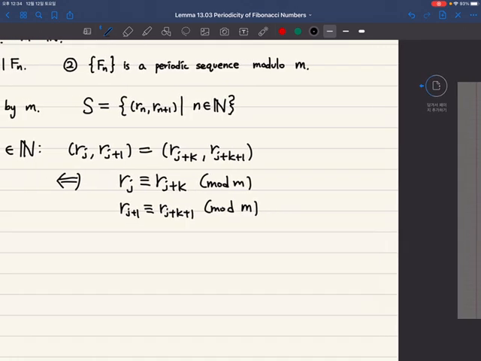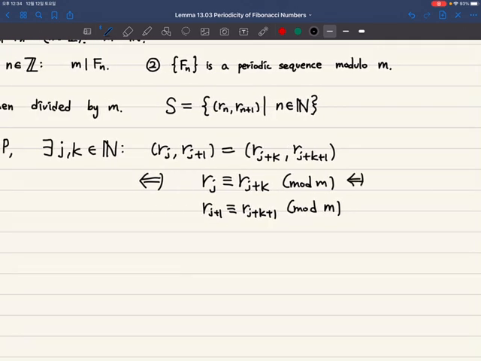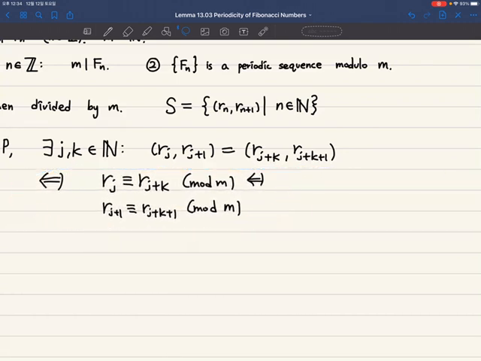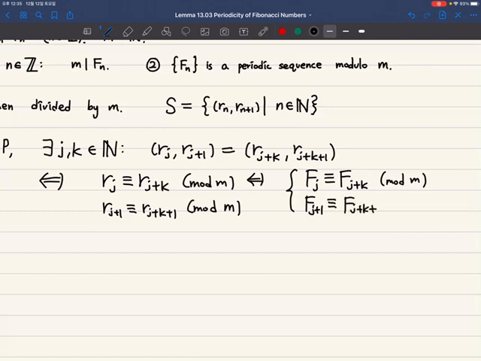This is also equivalent to saying that fj is congruent to fj plus k modulo m, and fj plus 1 is congruent to fj plus k plus 1 modulo m.